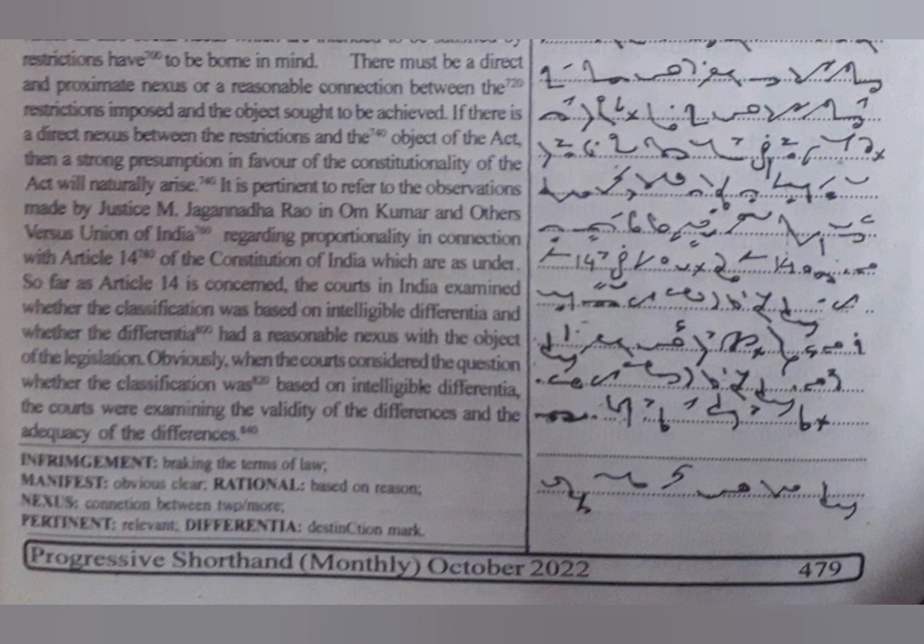So far as Article 14 is concerned, the courts in India examined whether the classification was based on intelligible differentia and whether the differentia had a reasonable nexus with the object of the legislation. Obviously, when the courts considered the question whether the classification was based on intelligible differentia, the courts were examining the validity of the differences and the adequacy of the differences.